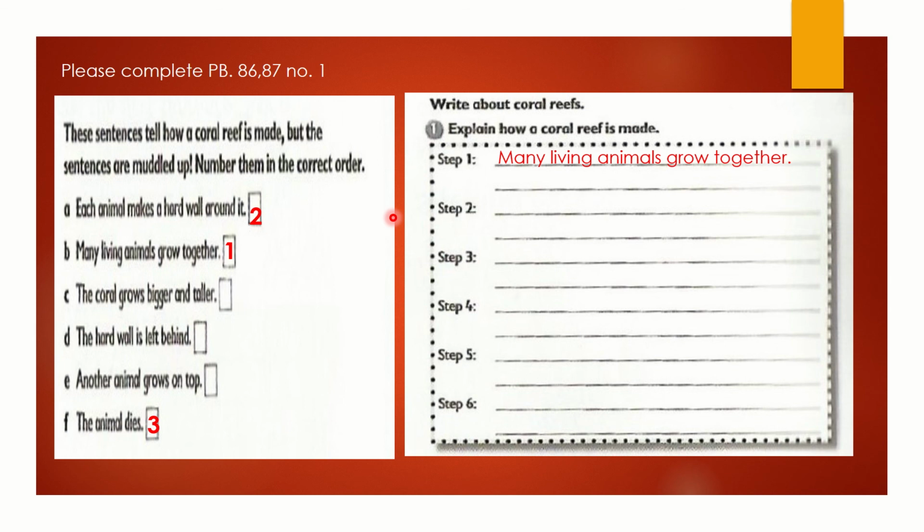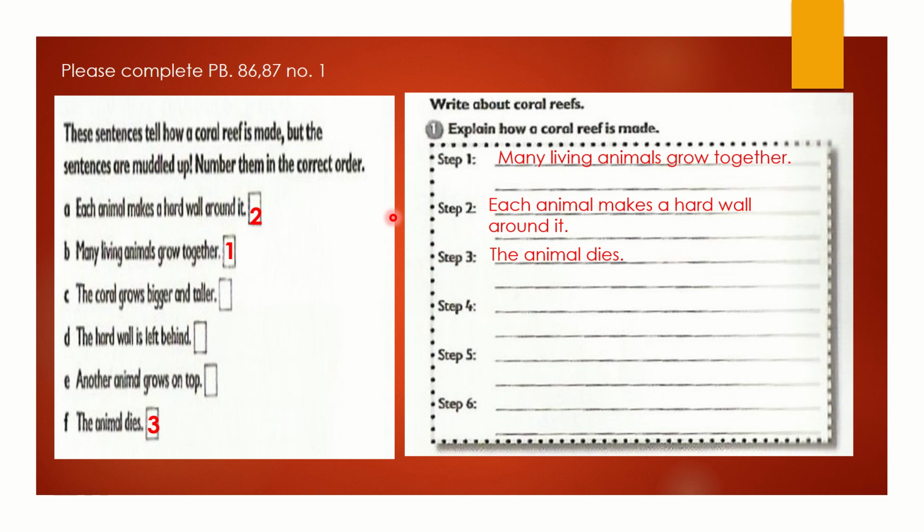Can you remember what step number 2 is? Each animal makes a hard wall around it. Can you fill in the last one? Number 3, the animal dies.